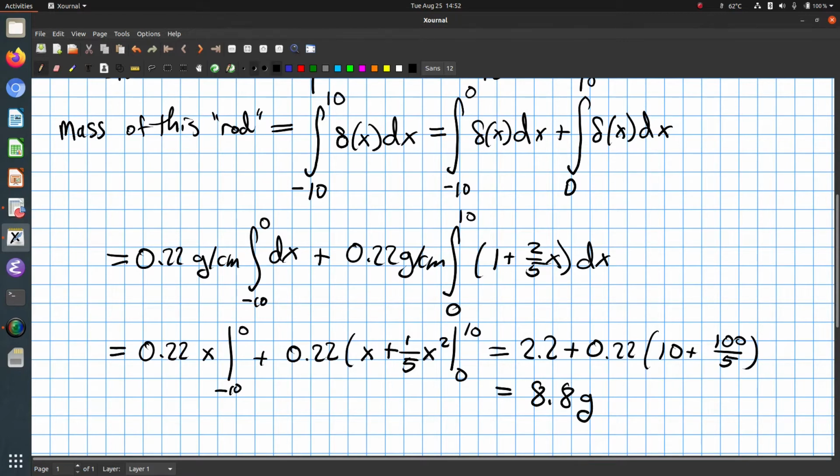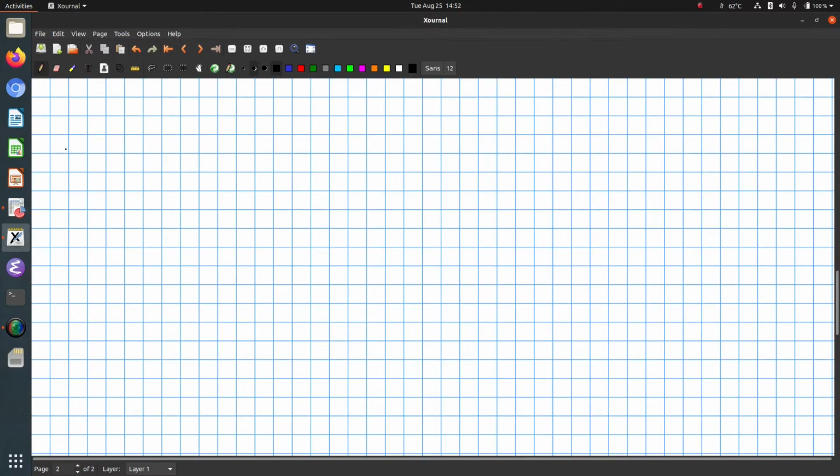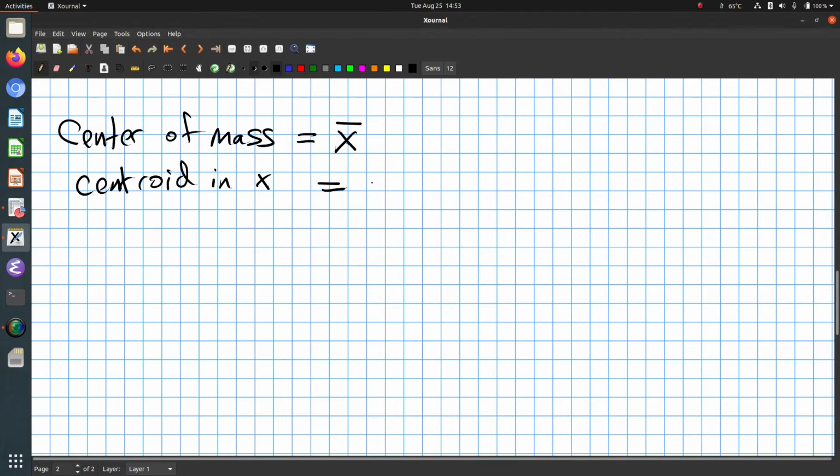The center of mass is actually found by way of two integrals. Sometimes we'll call it x bar, or sometimes we'll call it the centroid in x. All of those are the same thing.